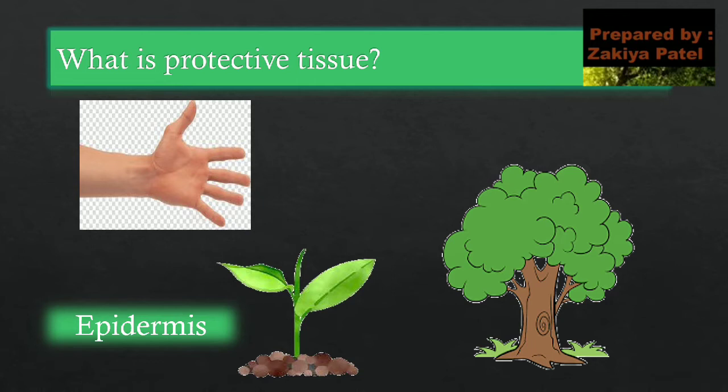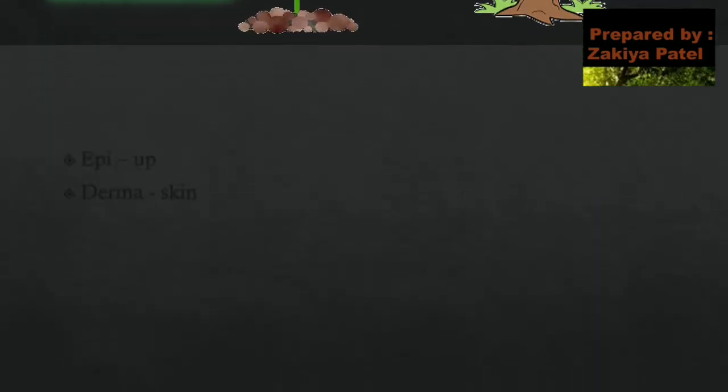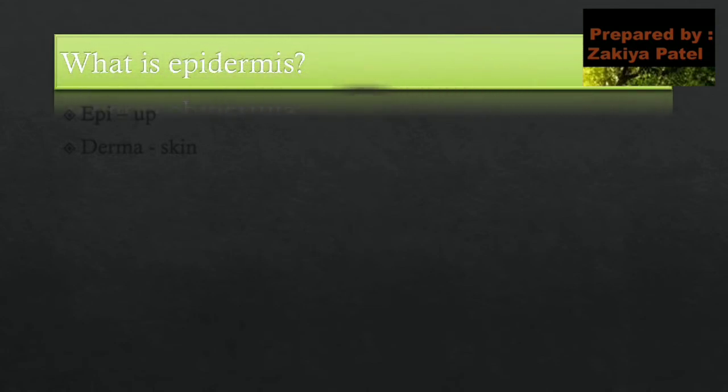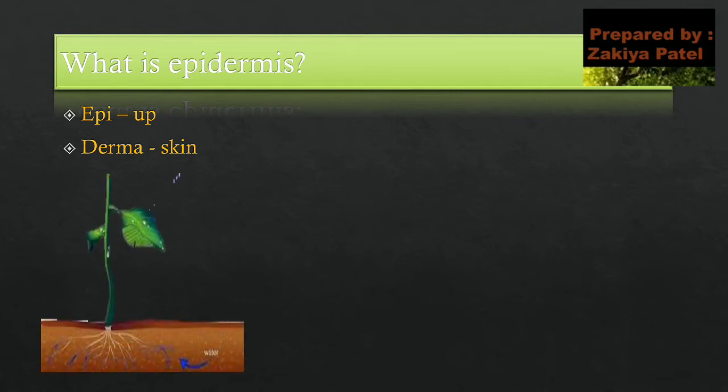Now we will look into detail about the epidermis. What is epidermis? Epi means up and derma means skin. It means upper skin. But all the parts of the plant do not have the same epidermal layer. As we have now discussed, the stem and leaves of the plant have an epidermal layer, a protective layer, but it is not necessary that the same kind of epidermal layer is present.